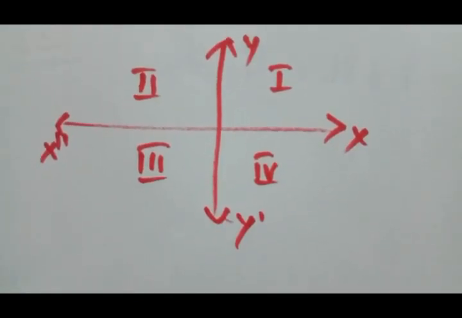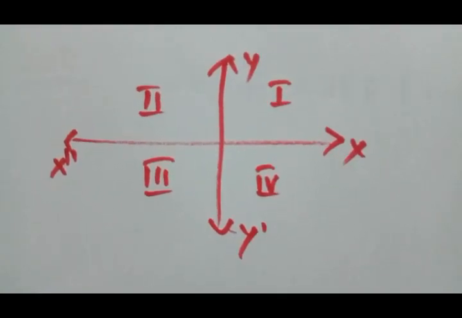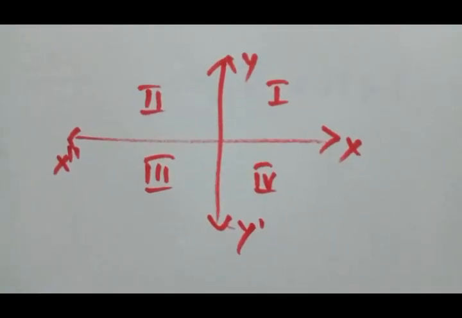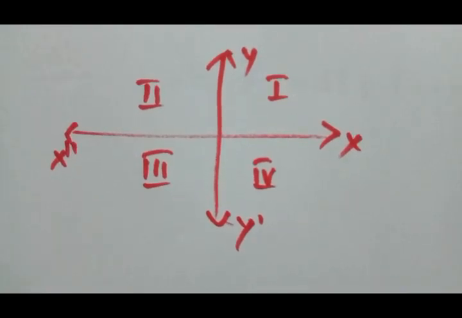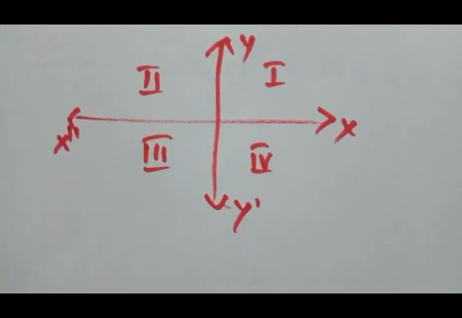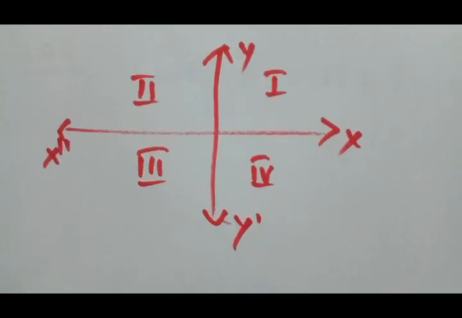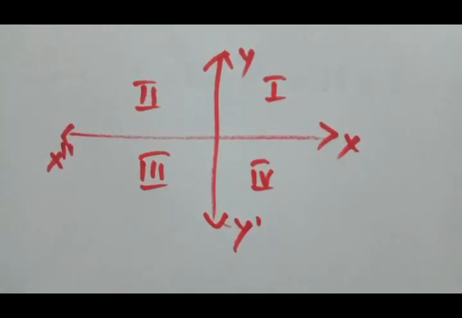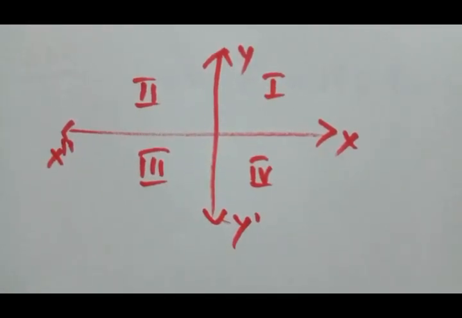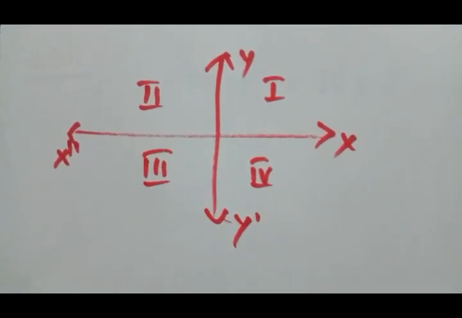In the similar way, the three-dimensional axes x, y, and z can also be divided into 8 parts. Octant means 8. So we can divide the three-dimensional x, y, z axis into 8 parts. These are octants.